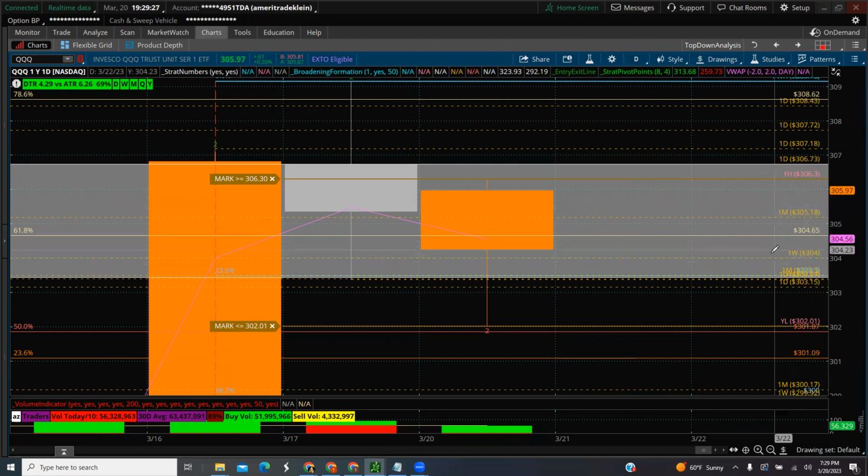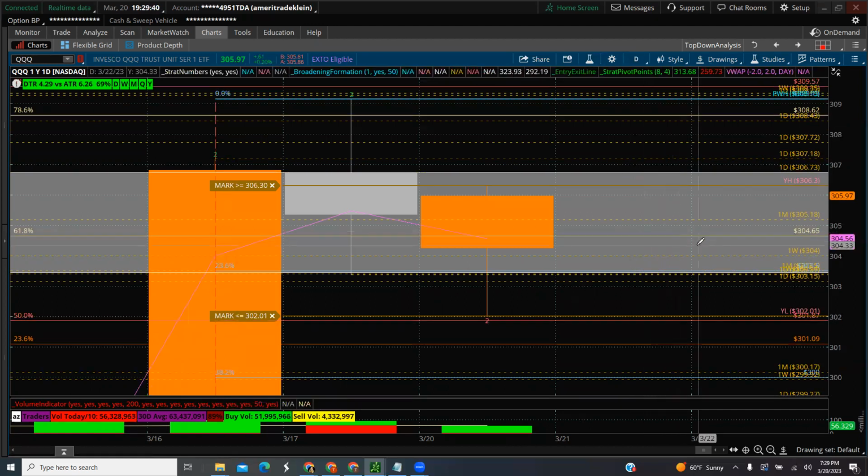All right, so just feel free to have these same levels marked on your chart as well. Right now, I'm looking at things from a daily time frame, and in these market conditions, I'm scalping. I'm not really looking to hold too much of anything, especially with the Fed speaking later this week.